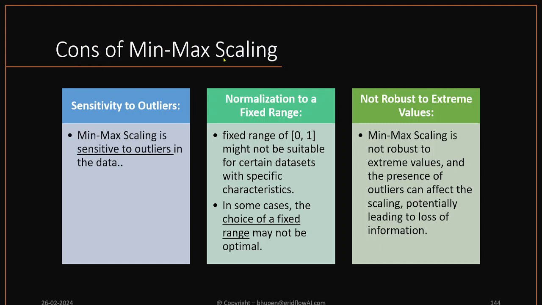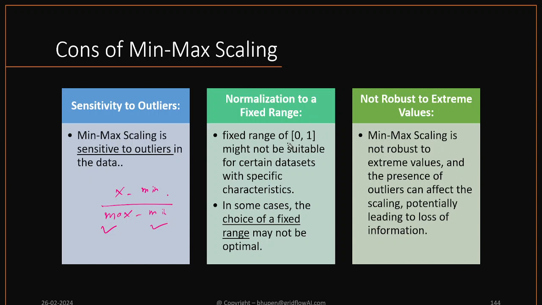There are some downsides of min-max scaling as well. It is sensitive to outliers. Why is it sensitive to outliers? Because the denominator is max minus minimum. Now, if these have extreme values, then the denominator would be impacted. Then there is normalization to a fixed range.